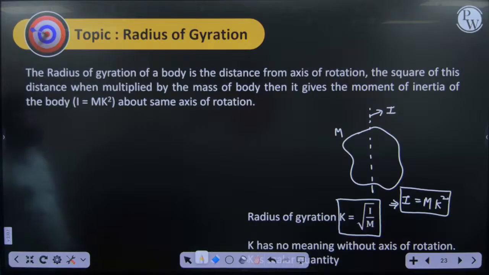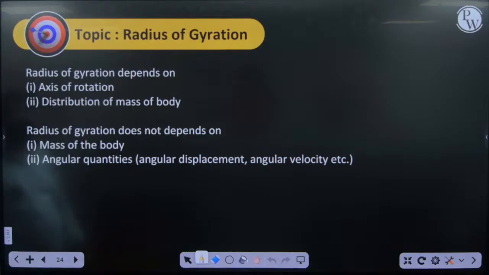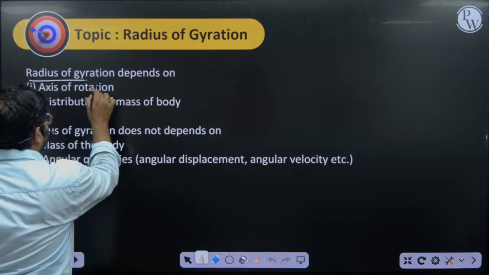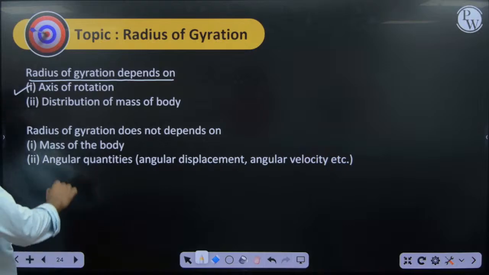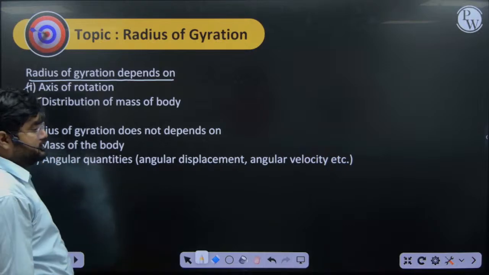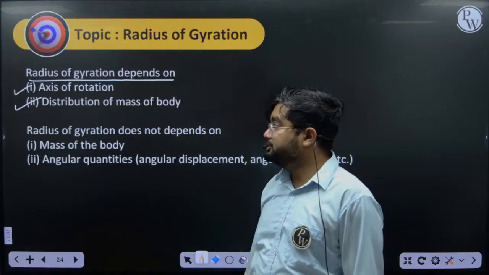So it is dependent on axis. This radius of gyration is dependent on the axis. Okay, we can see here. What does it depend on? Firstly, axis of rotation, and secondly, the mass distribution, because moment of inertia will change if mass distribution changes.